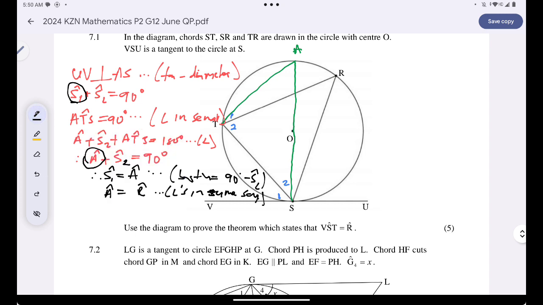I also know that angle R and angle A are equal, right? Because of angles in the same segment. So I can therefore say that angle S1, which is angle VST, is equal to angle R. Then I've proven the tan-chord theorem.